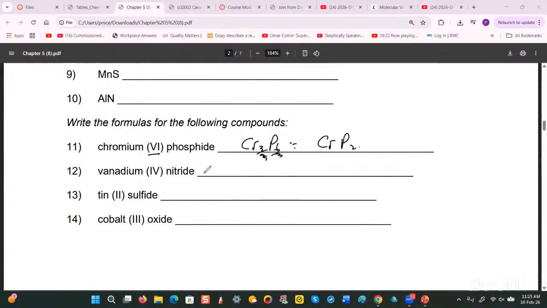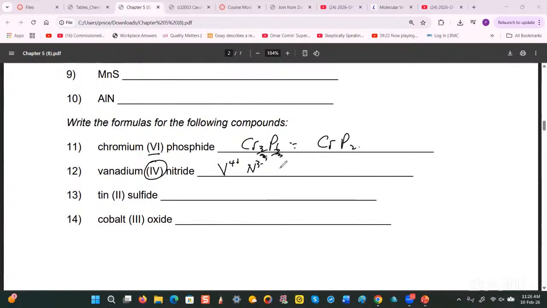What about the next one? Vanadium(IV) nitride. What do you think the formula for that compound is? This tells you that the charge on the vanadium ion is +4. And then you have nitride. What's the charge on the nitride ion? -3. Okay, so V4+ and then N3-.